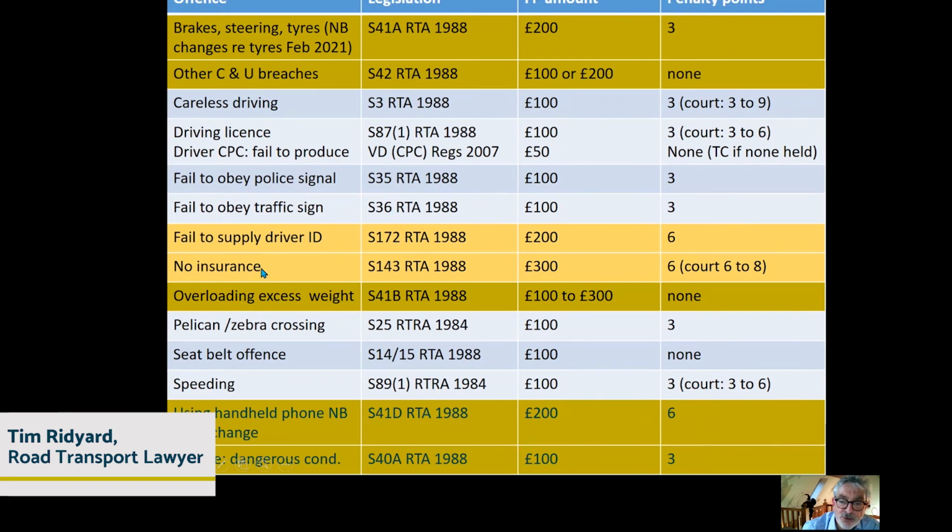Finally, no insurance. I'm going to tell you a little bit later about a special driver defence for no insurance, but that's 6 penalty points and a £300 fixed penalty. But if it goes to court, 6 to 8 points. So these are some of the main fixed penalties that you're likely to encounter as an operator and a driver.